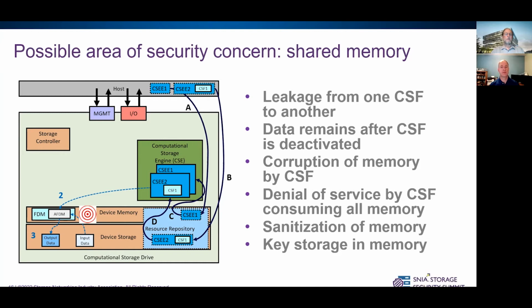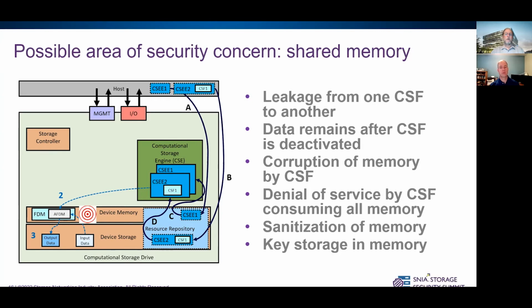Now, the biggest thing here is our anticipation, or the architectural goal here, is that the CSF is only allowed to access the allocated function data memory that it is allocated. But you have to have insurance that the CSF cannot access any memory outside of that allocated function data memory.